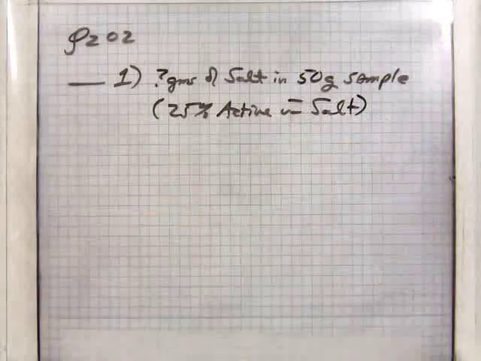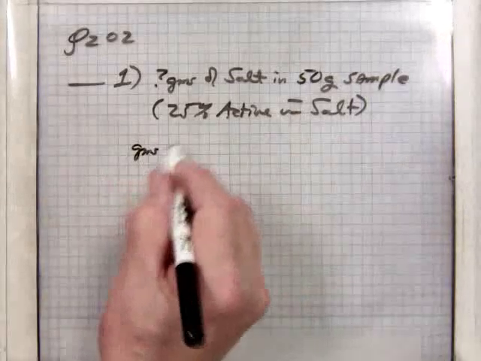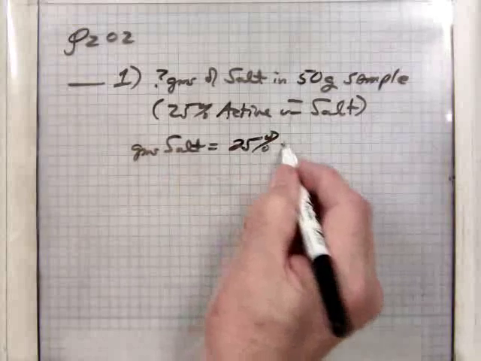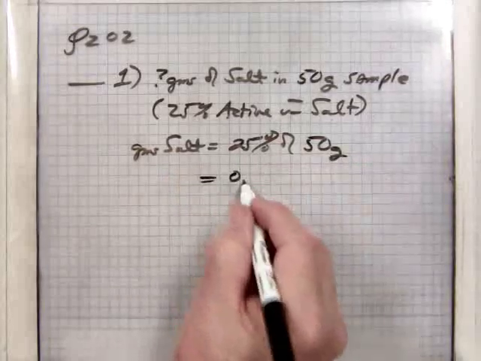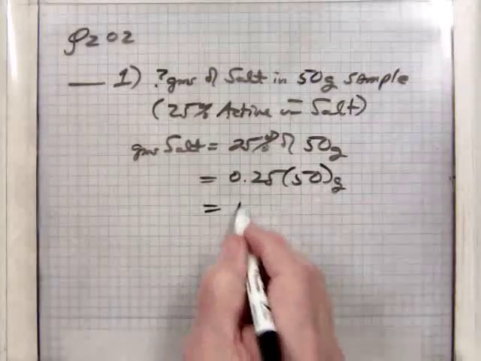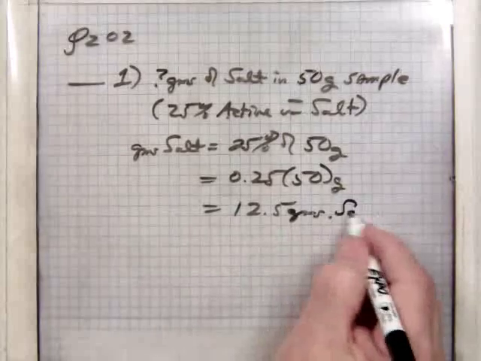Well, it's no big deal. Everybody knows how to take 25% of the 50. Of course, everybody's seen this before, and that's 12.5 grams salt.